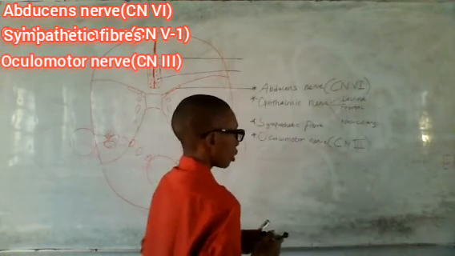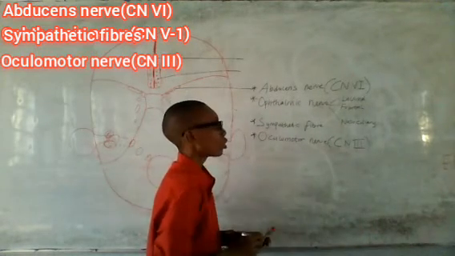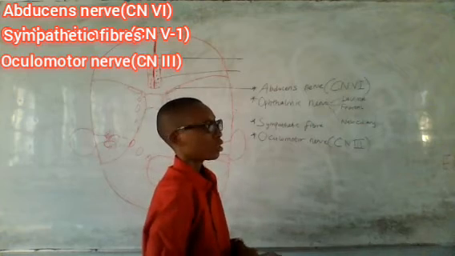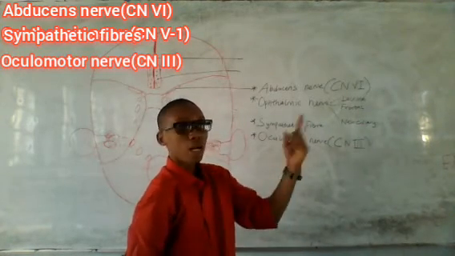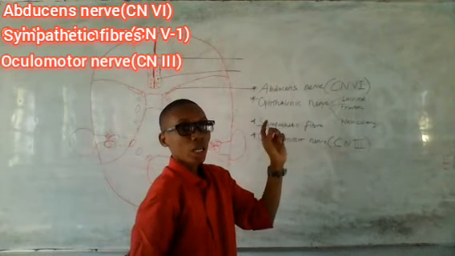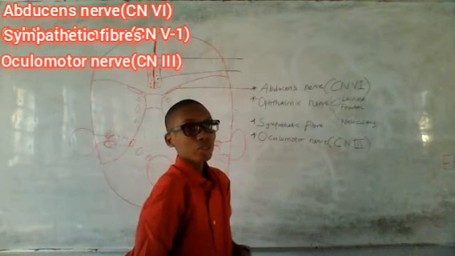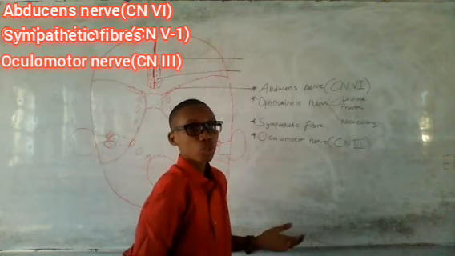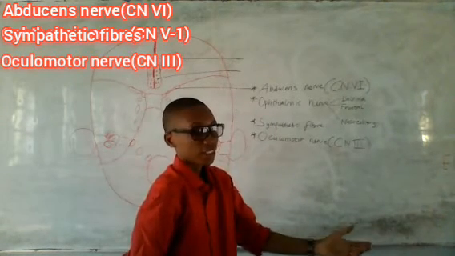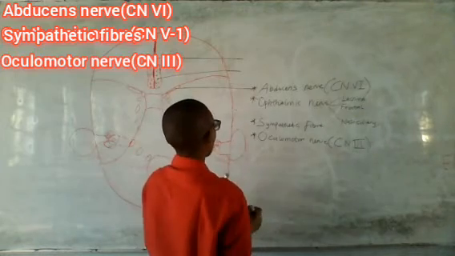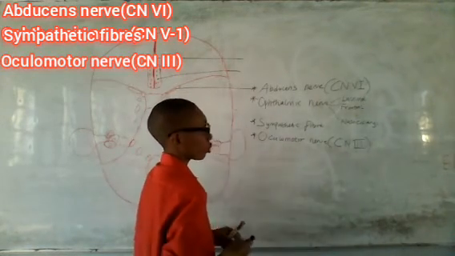To know all the nerves and their other names, check out the video on cranial nerves. Then you will know all the nerves and the position of the central nervous system from which they exit. But now I'm focusing on the cranial foramina and the structures that pass through them.